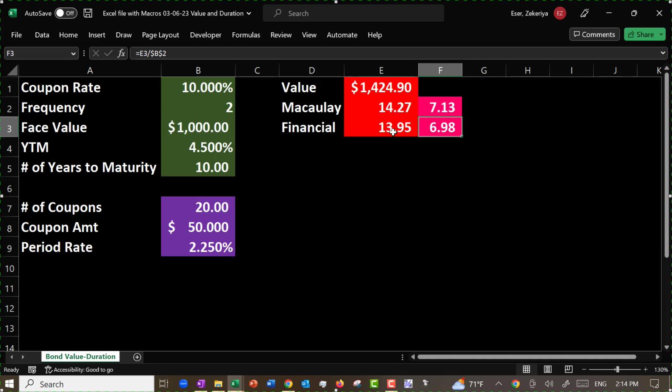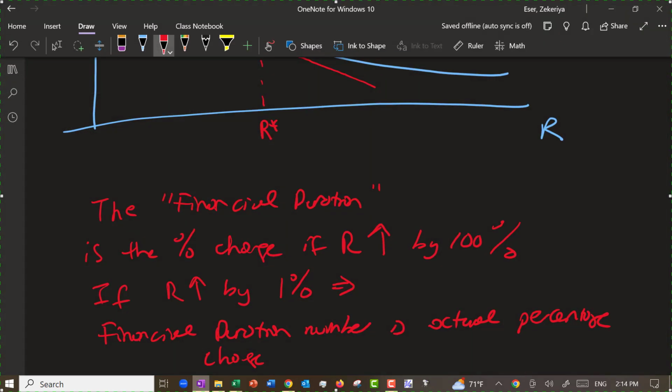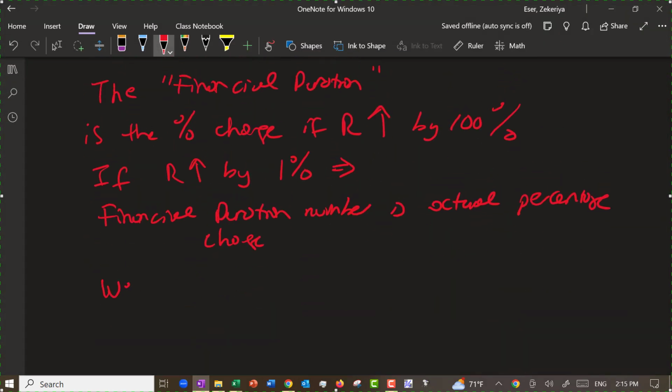So we will actually think about a 1 basis point, which is 0.01% change.